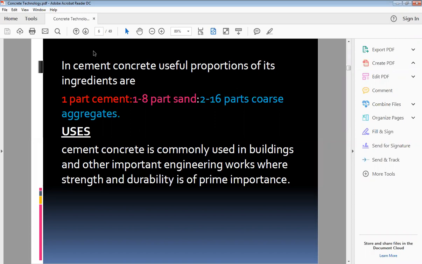What is the meaning of 1:1:2? It means the first part one is cement, the second part one is sand, and the third part is coarse aggregate. It is commonly used for residential buildings and other important engineering works where strength and durability are of prime importance.